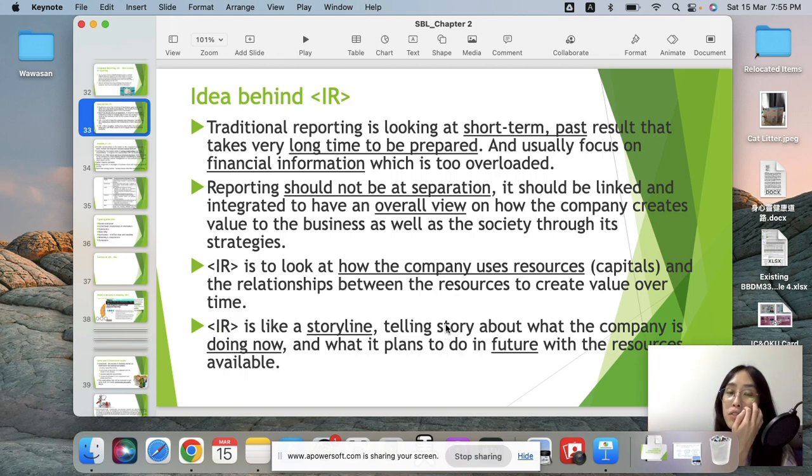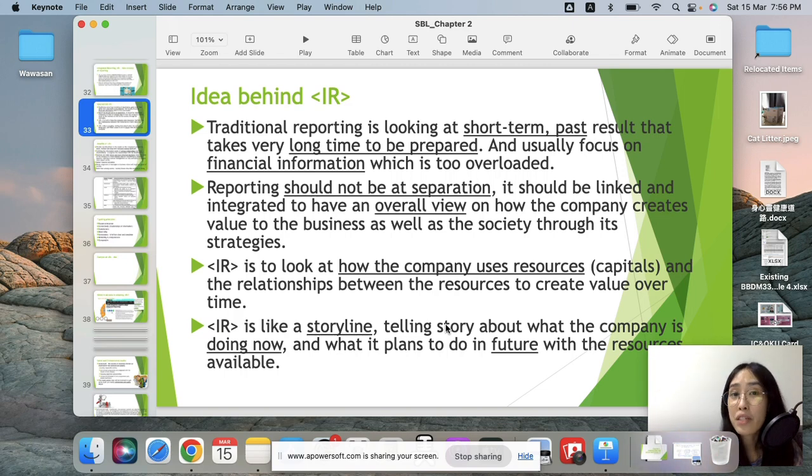So a little bit introduction about integrated reporting. Traditional reporting is talking about short-term past result and rarely reports about the future strategy. But integrated reporting promotes more forward-looking. It's like more forward or more future orientation, where we are supposed to look at how our achievement affect the future planning and future strategy that we are going to do.